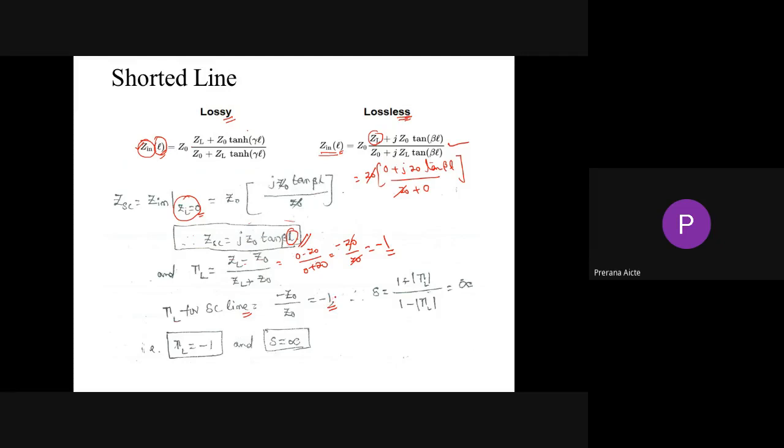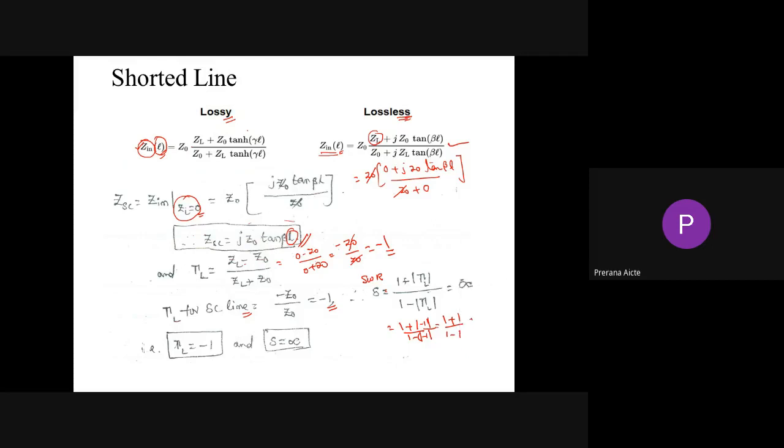From this reflection coefficient, the voltage standing wave ratio or current standing wave ratio, or simply standing wave ratio SWR, is defined as S equals 1 plus mod gamma L divided by 1 minus mod gamma L. That equals 1 plus mod of minus 1, which is 1, whole divided by 1 minus mod of minus 1, which is 1.